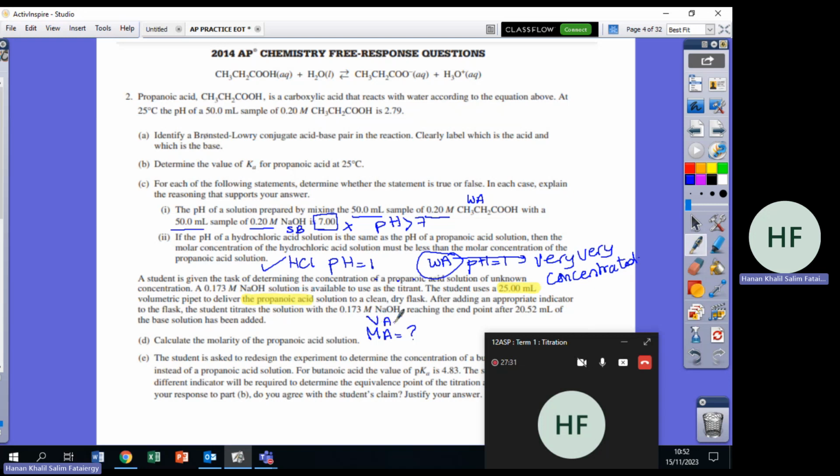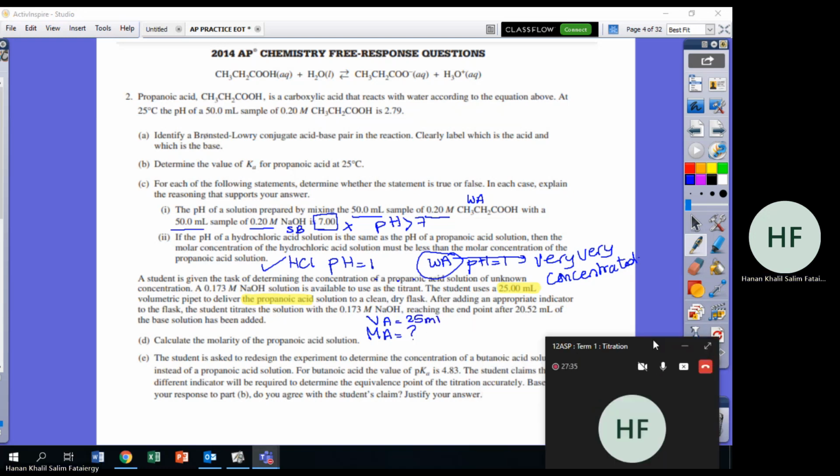Don't forget to put A so you know whether this is the acid or the base. Then the student titrates the solution with 0.1 molar NaOH. So this is the molarity of the base, reaching the end point at 20.25 milliliters. So this is the volume of base, 20.52 milliliters.